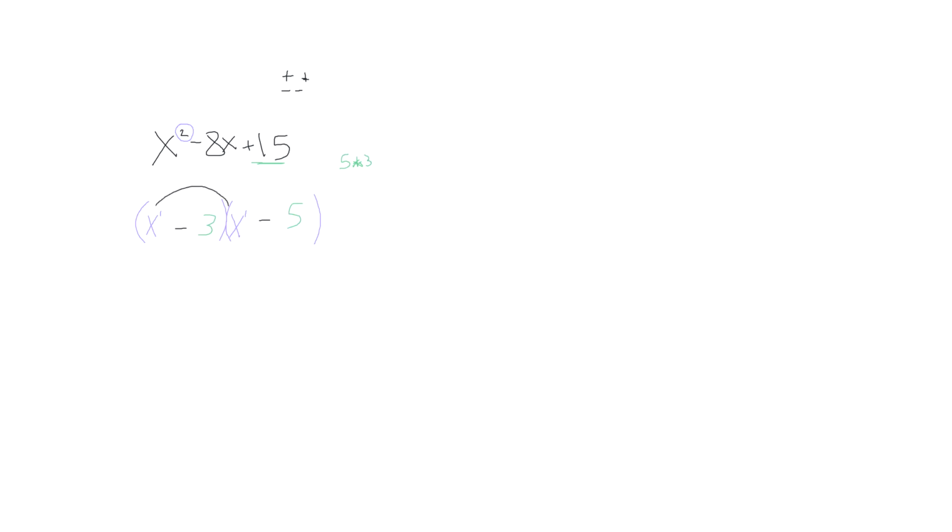So I'm here with x times x. This is me checking the work. x times x, x squared. -3 times -5, positive 15. So far, we're good. The thing that gives us problems is the middle term. So now I'll check the middle term. -3 times x is -3x.